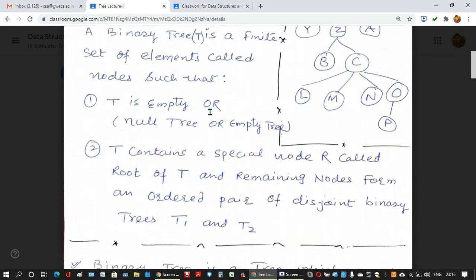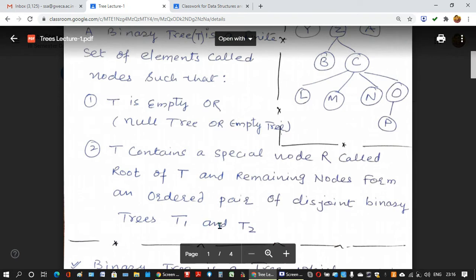That means it is a null node or null tree or empty tree. Means either it is empty or it contains a special node R called root of T, and remaining nodes form an ordered pair of disjoint binary trees T1 and T2.